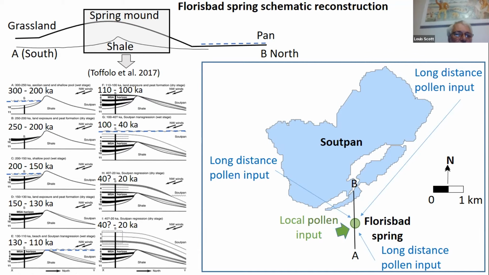So you can imagine that every situation in a certain sequence has quite a complicated pollen source problem, coming from long distance in the pan, or from the environment, and then also again the local vegetation.